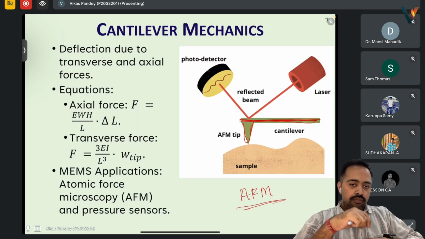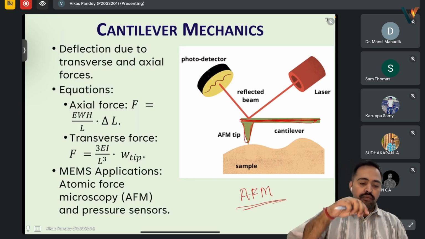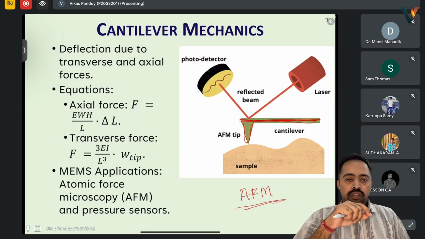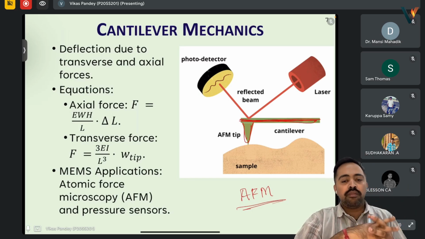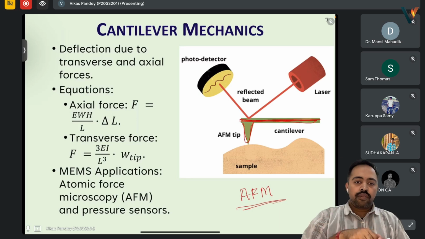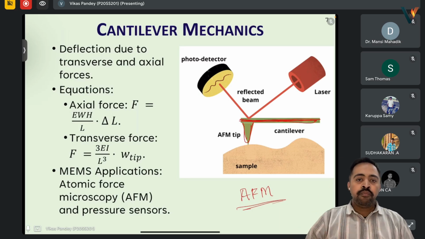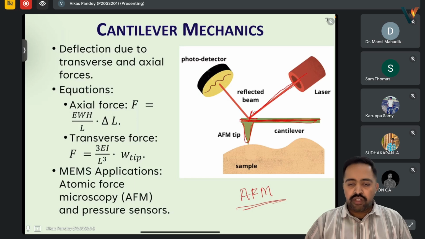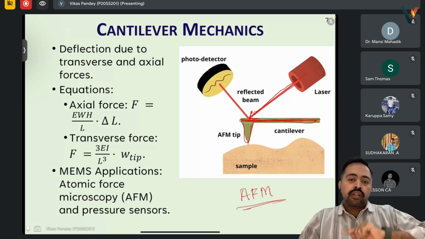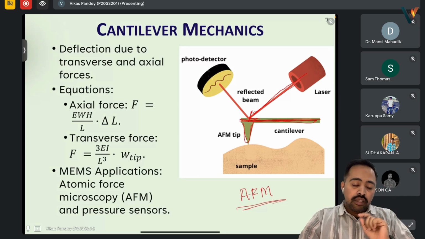It will move slightly on the surface, and due to the roughness of the surface, which certainly cannot be very big, it should be in micro and nano scale, the tip will move up and down. We continuously put a laser over it, and it gets deflected.